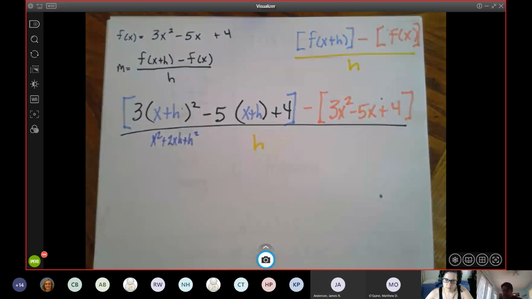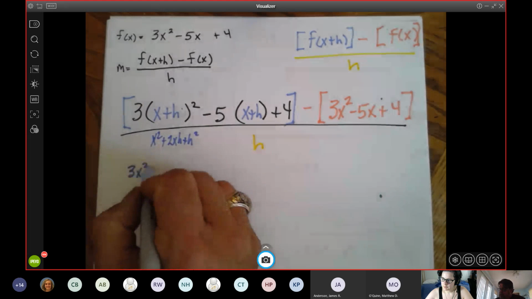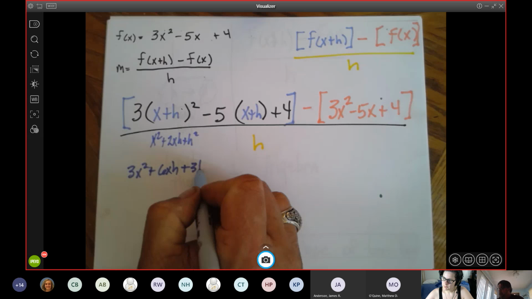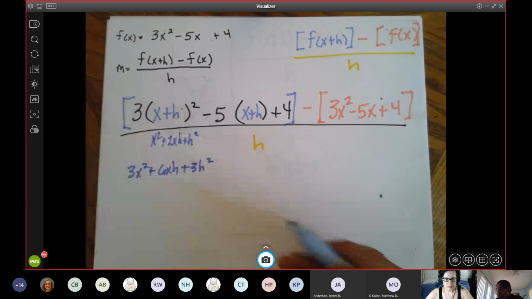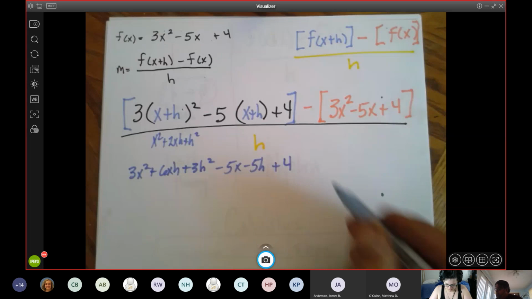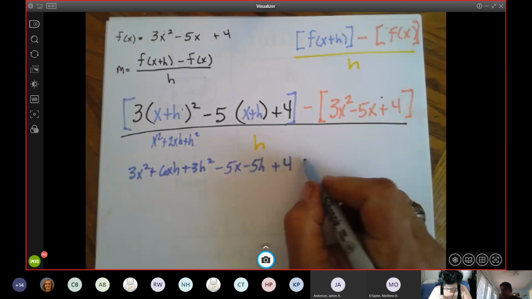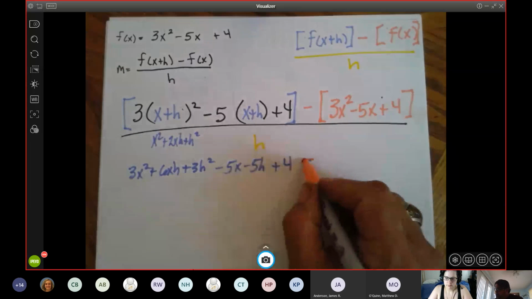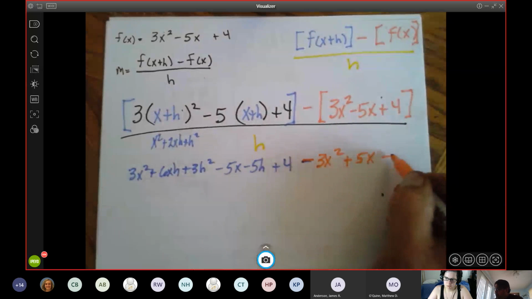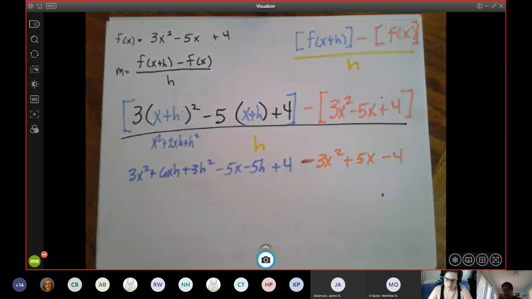And now I'm going to distribute the 3, and that's going to give me 3x squared plus 6xh plus 3h squared minus 5x minus 5h plus 4, minus 3x squared plus 5x minus 4, all over h.